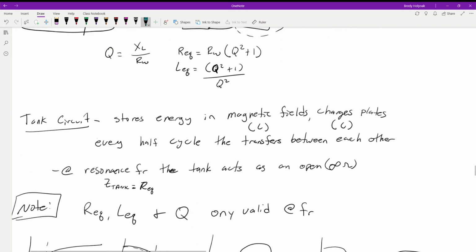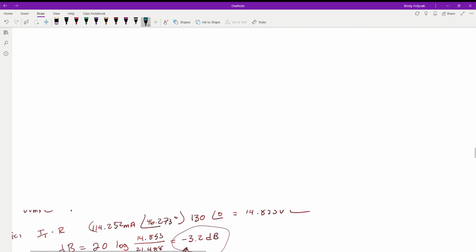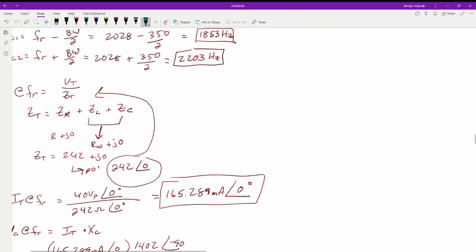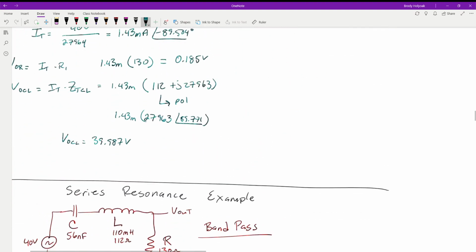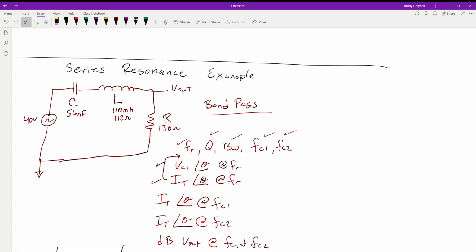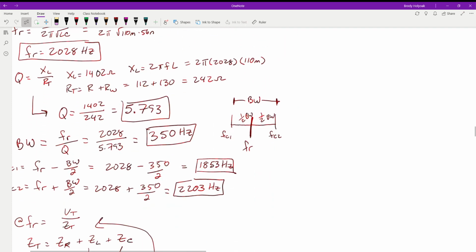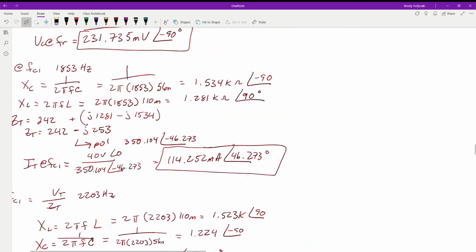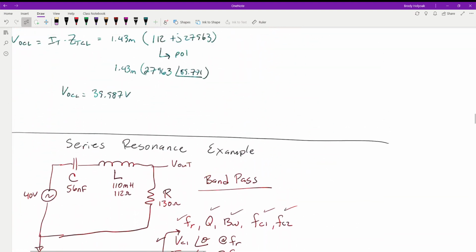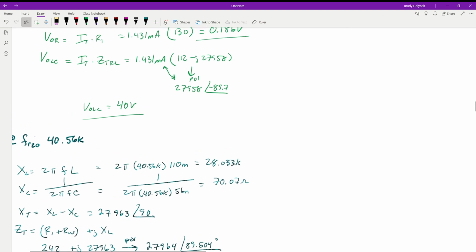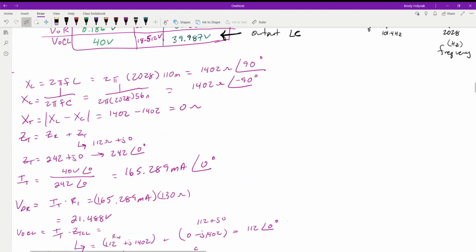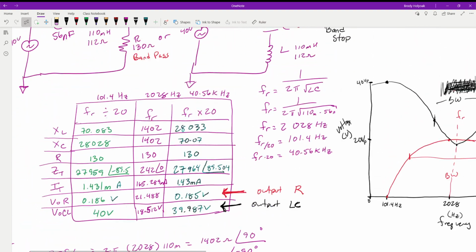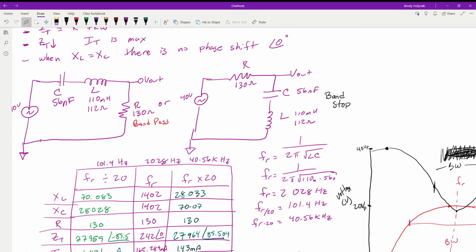If we come back up and look, I'll go into the previous set of notes. We have a band pass across our resistor and across the, where did it go? There we go. Across the inductor, the reactive components, was our band stop.